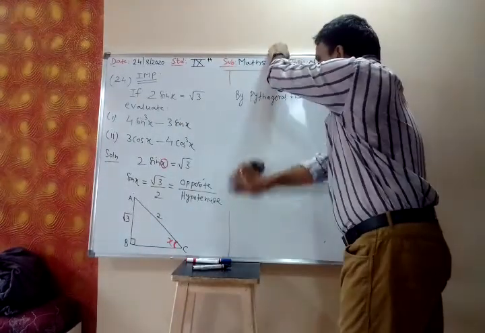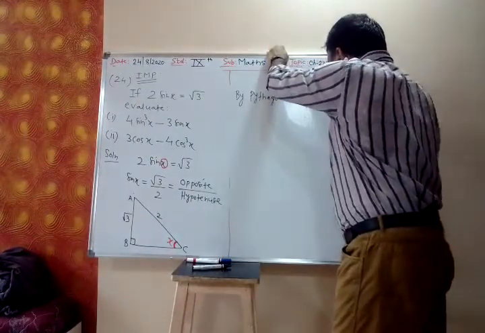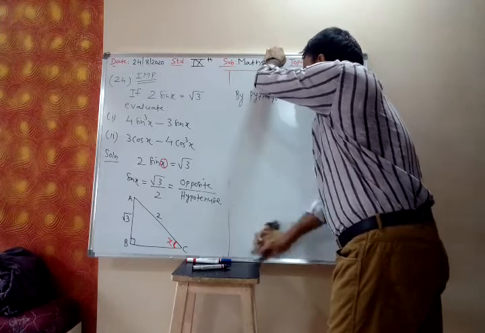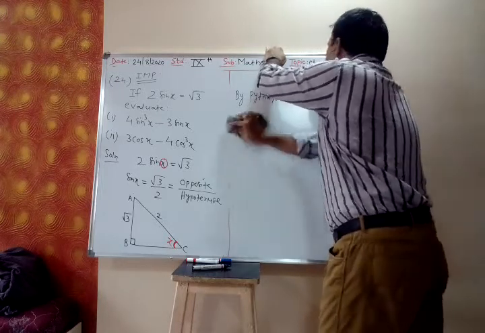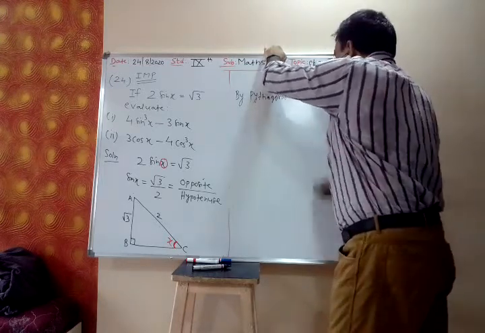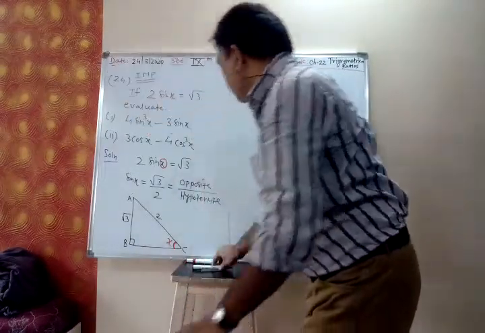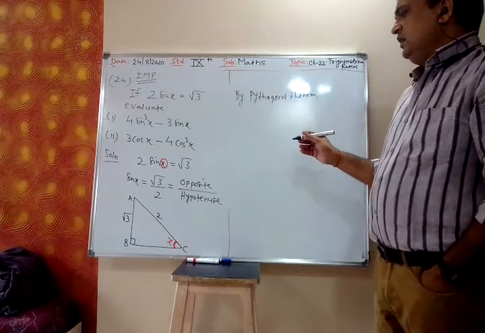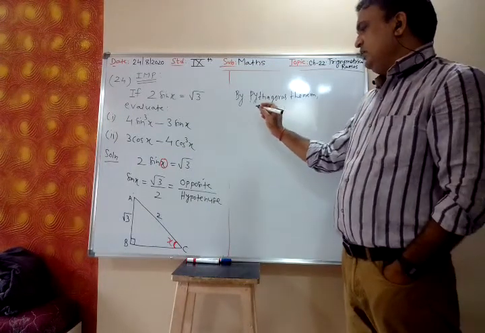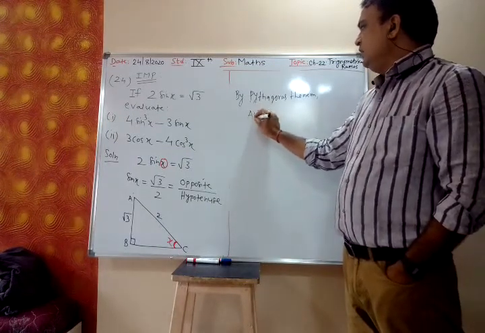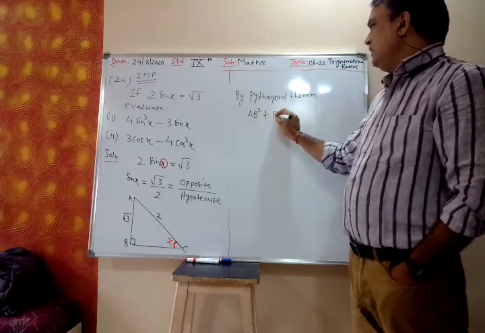So now you just substitute the value of sin and cos and get the answer for first and second. By Pythagoras theorem, AB square plus BC square is AC square.